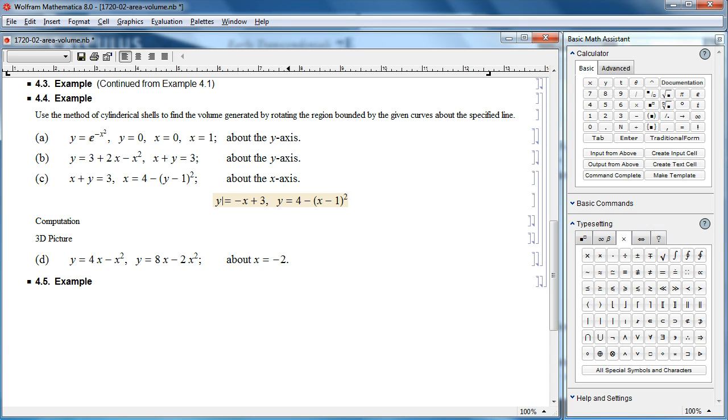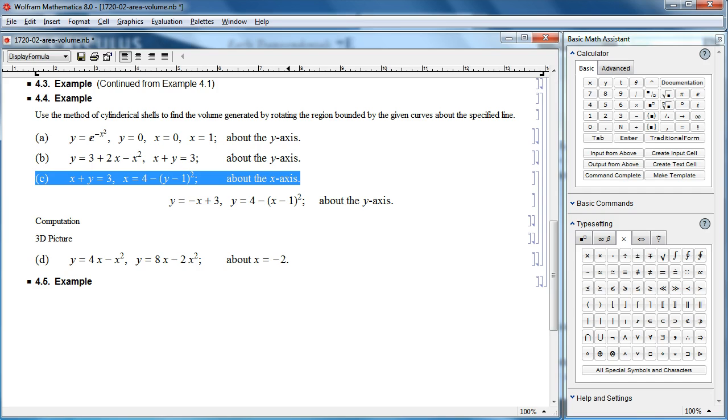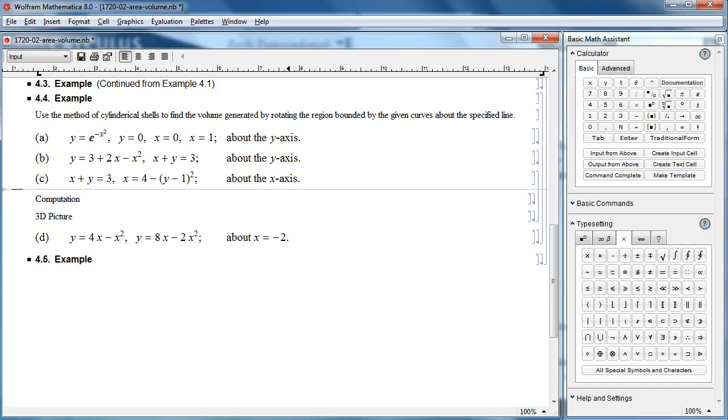So we have a line, and then we have a parabola, rotated about the y-axis, and this problem is exactly the same as the given problem, and we can use the same technique as before. So if you're confused, just exchange x and y.